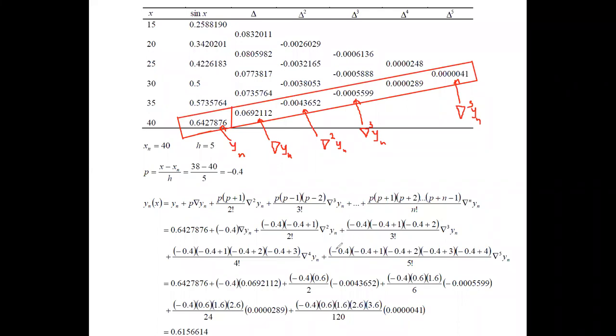Then the successful substitution gives you the set of values, and you can end up the calculation as 0.615661. Therefore, this is the value that you are getting as y where x equals 38, which is 0.615614.